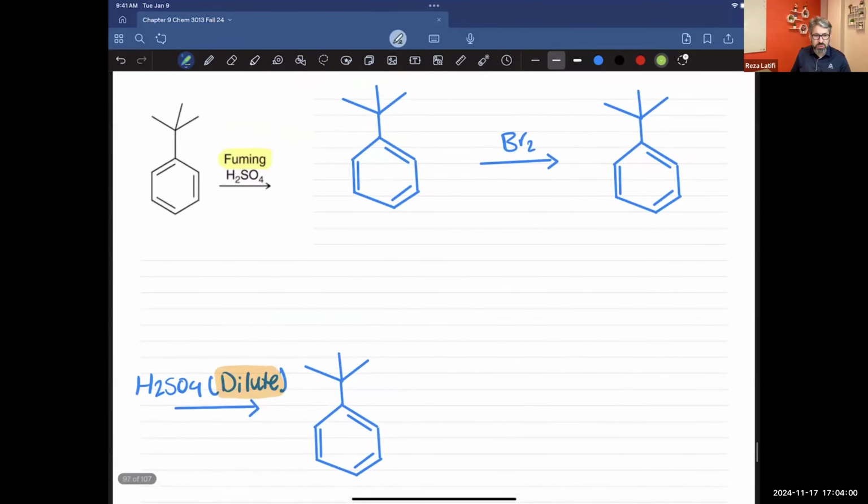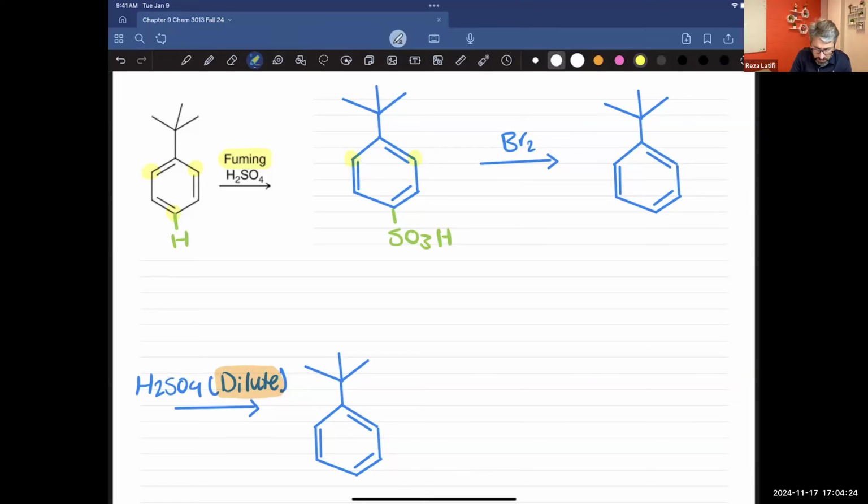So first step, I'm going to use a high concentration of acid, and the H that we have here will be replaced by SO3H. Now the para position is blocked, and remember the alkyl group is favoring those three positions, and one of them is taken, the para is taken.